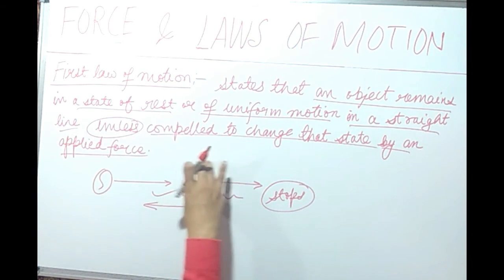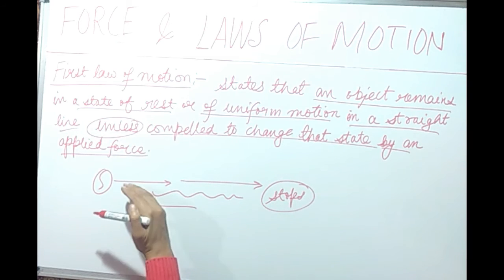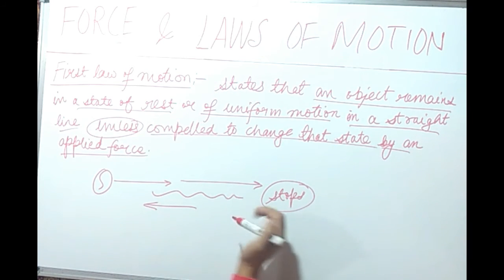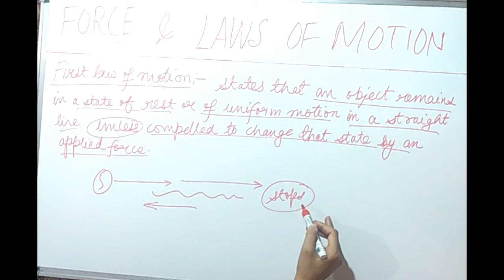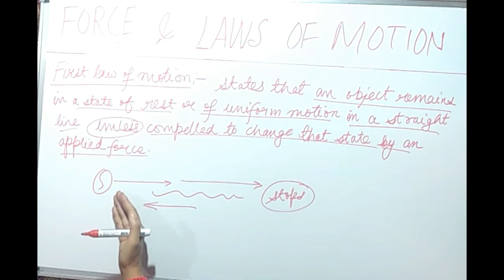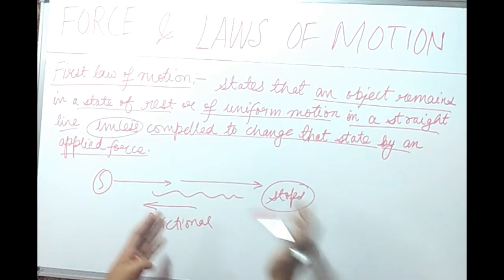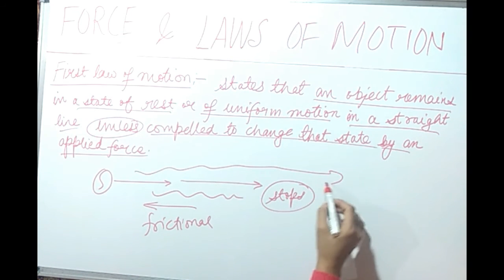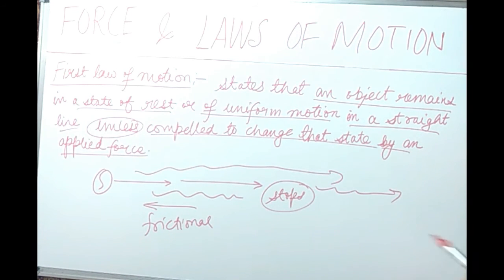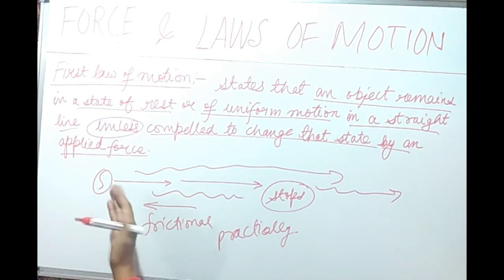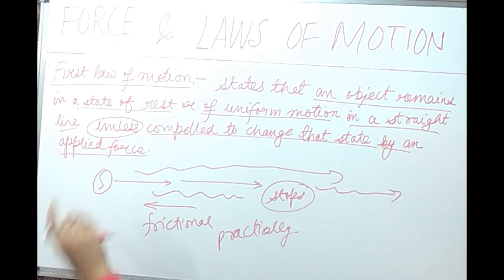What would happen if there is no frictional force and the surface is very smooth? The ball will keep on moving all throughout the distance. But practically it is not possible to achieve, because frictional force always acts in the opposite direction of the motion of an object.